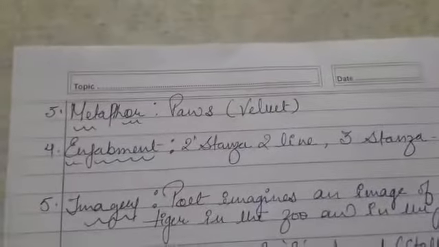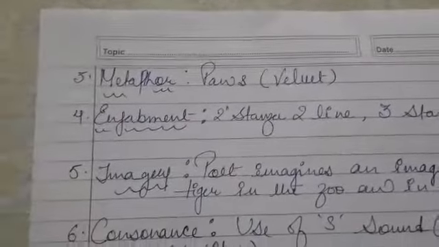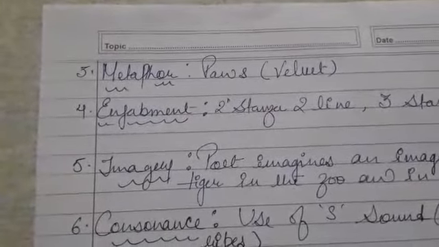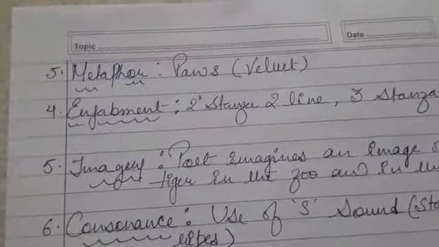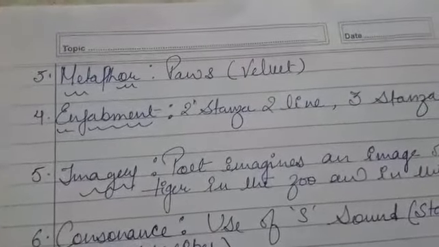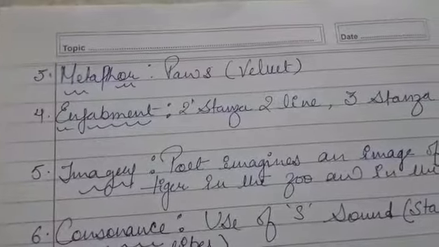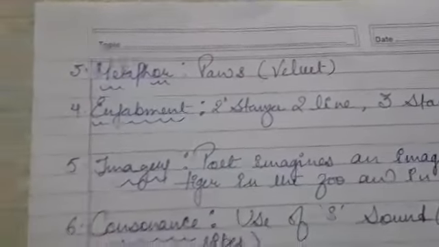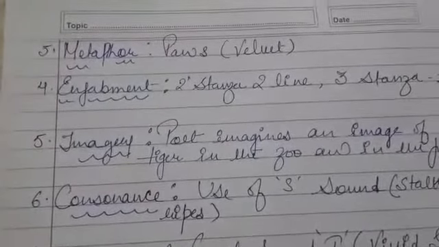Then the third poetic device is metaphor, and here the paws of the tiger have been compared with velvet.